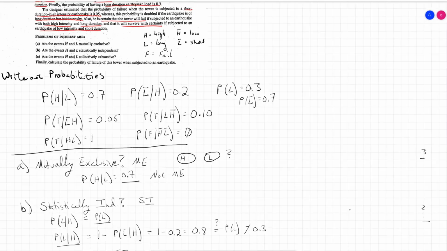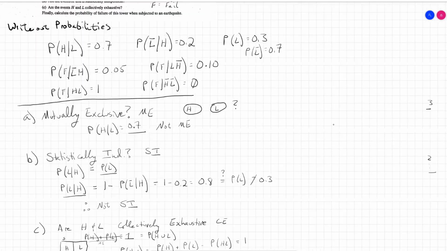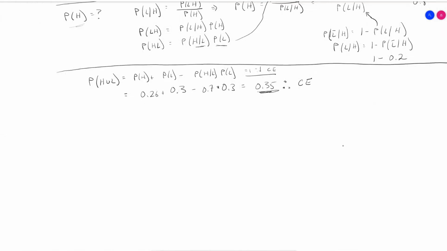All right, so we've got a lot of ammunition to answer this question at this point. So we're going to calculate the probability of failure. And to do that, we need to basically say, what are the collectively exhaustive events that could happen?